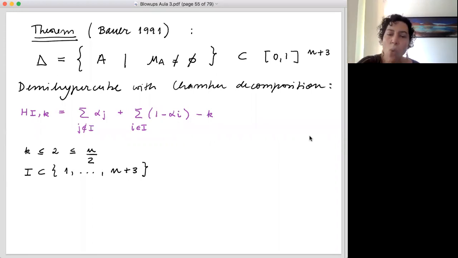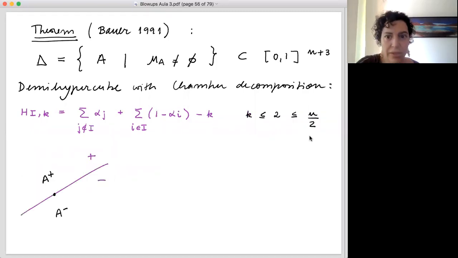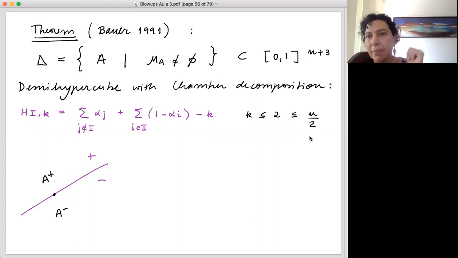So this was already done by Bauer, and moreover, Bauer also described what happens to the moduli space when you cross one such hyperplane. So these are the hyperplanes. Whenever you have one hyperplane of this type for one choice of index set I and one choice of integer k, you get this hyperplane. And then he explained how the moduli space changes if you change the weight from A minus to the weight A plus.